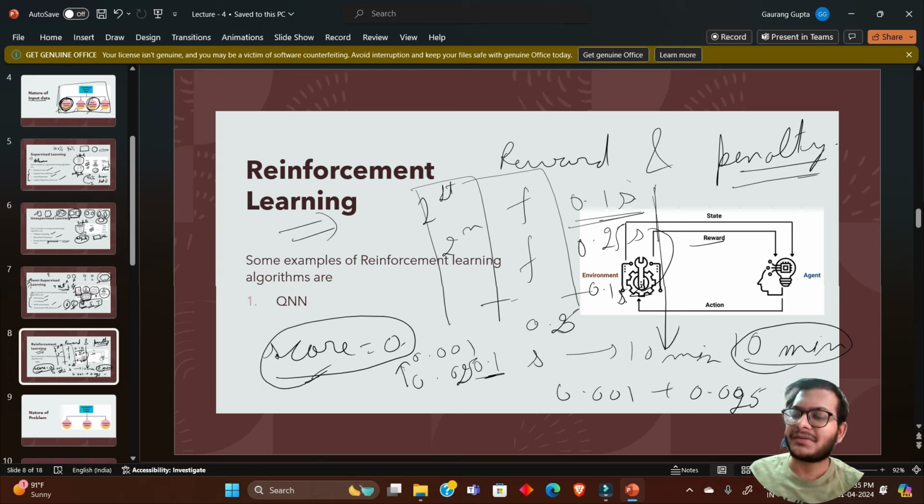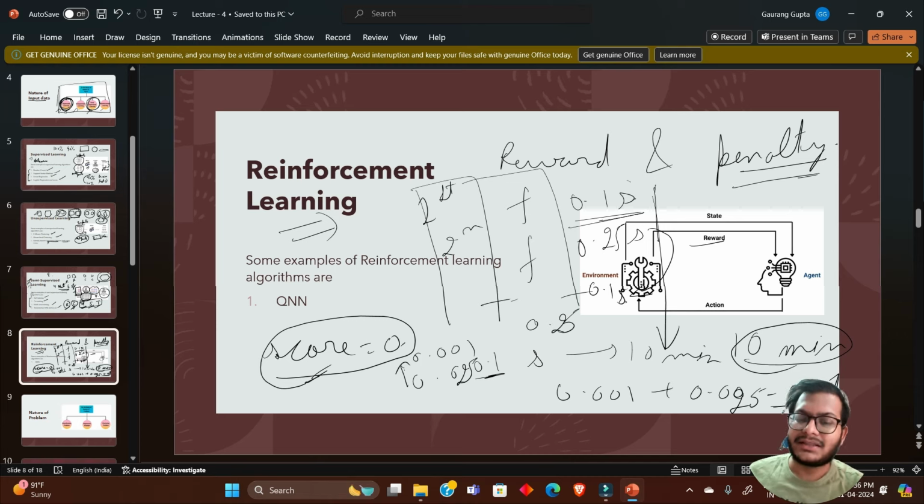Now I will subtract, let's suppose 0.01. So now the score actually decreased. So it will learn from that I made an action, whether I received a reward or a penalty. So based on that, it will decide a course of actions which should be taken to complete the objective.